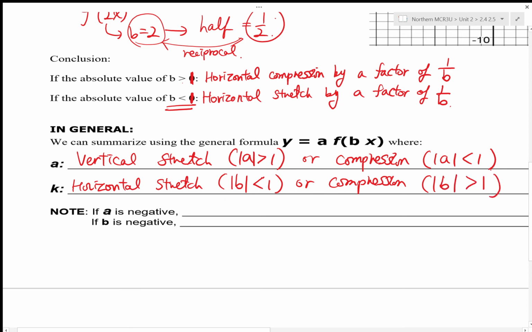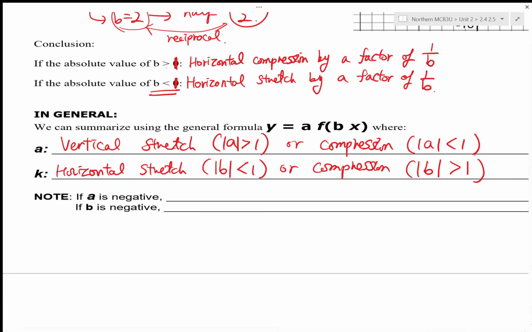So don't get confused, okay? The vertical and horizontal actually work in the opposite way. Now if the A is negative, then reflection on the x-axis. If the B is negative, then it is the reflection on the y-axis.